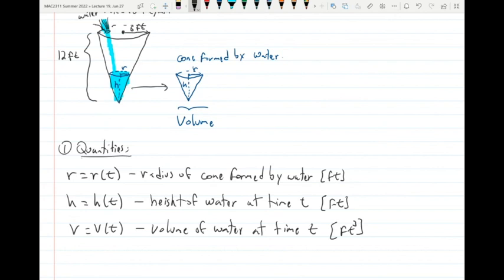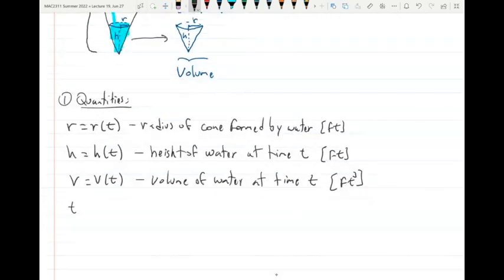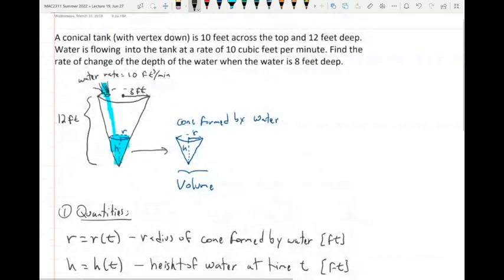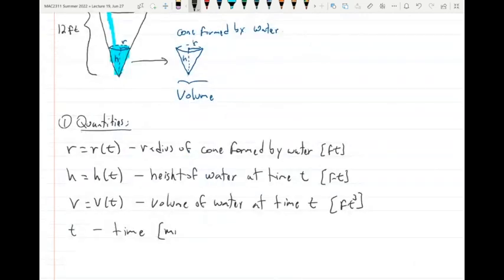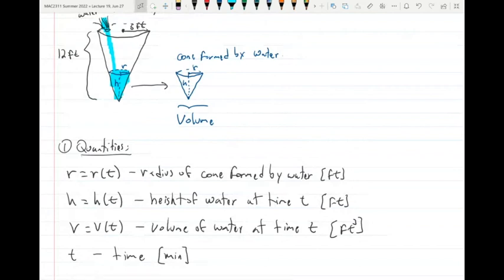And then finally we have this unspoken variable, which is t, time, because everything depends on time, right? And we're measuring time in this problem in minutes. Is it clear? Okay. What's step number 2?